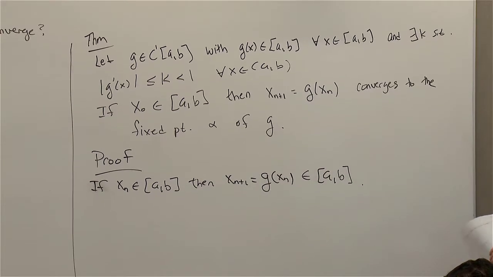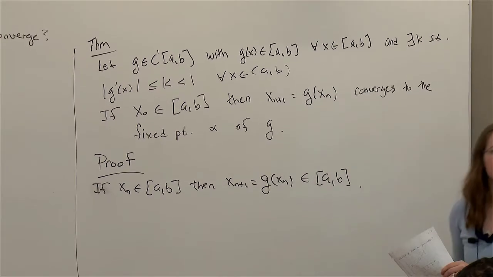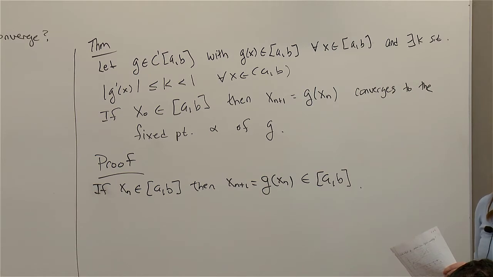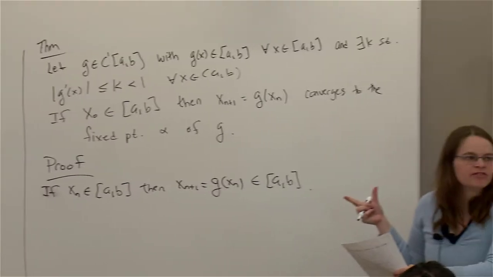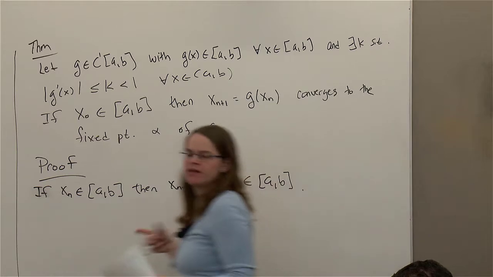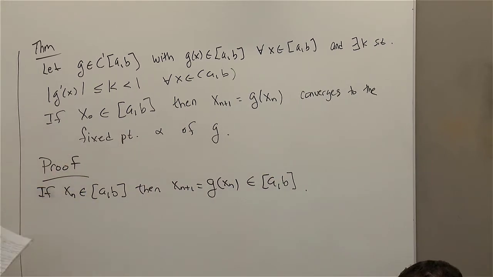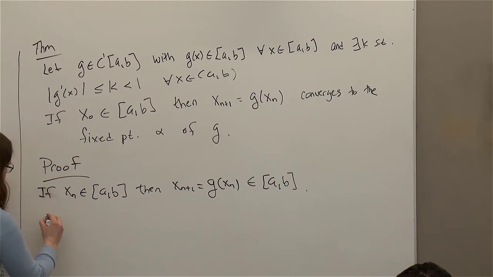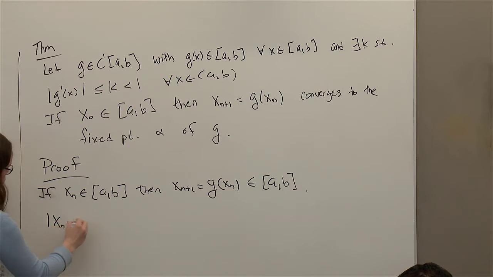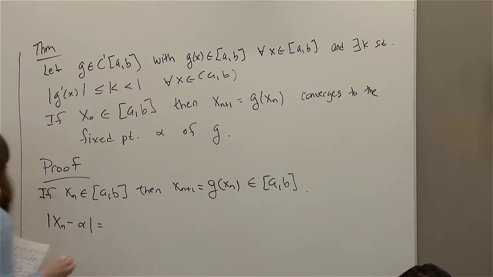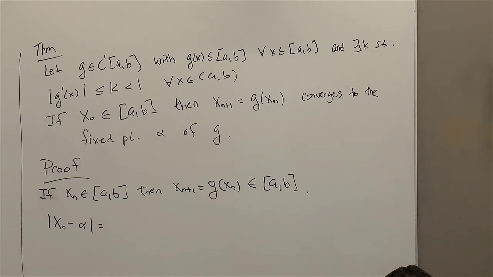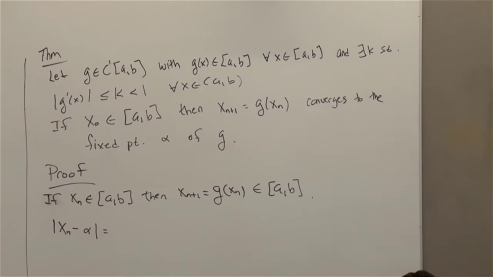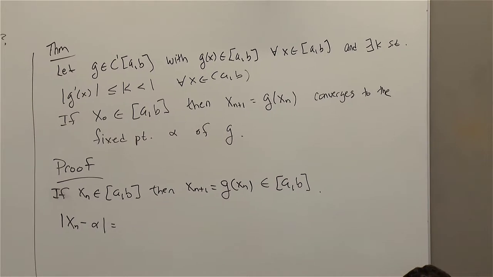All right. Now, the other thing we usually are going to do when we're analyzing these things is basically look at our error, xn minus alpha, and we want to try to make sure that's going to 0. So if I look at xn minus alpha, all I'm going to do is start writing down things I know.